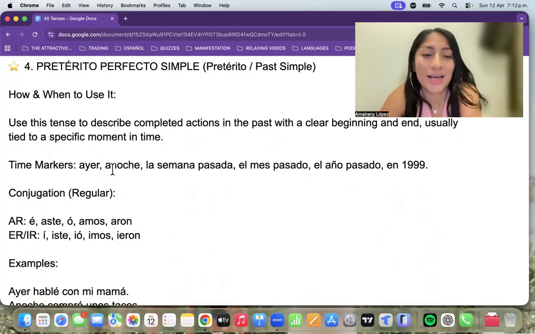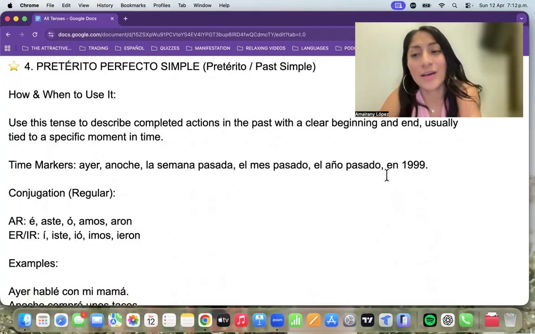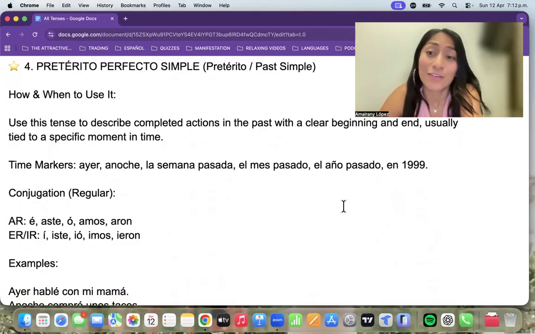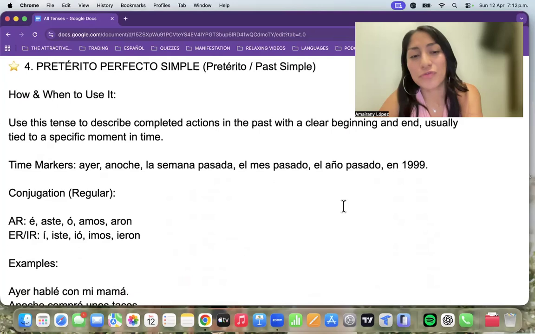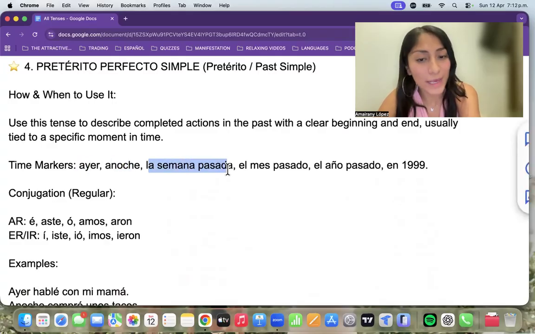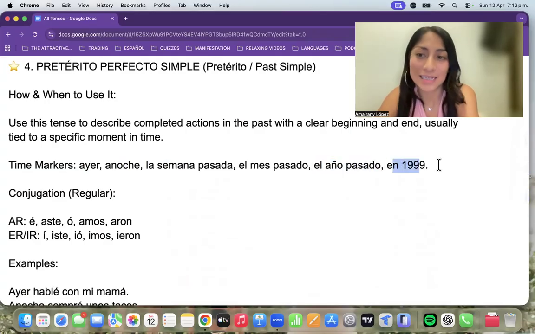Time markers: ayer, anoche, la semana pasada, el mes pasado, el año pasado, en 1999, en 1988, en 2001, en 2003. Okay? So the time markers are, like I said, the cues for us to know when to use what tense. So yesterday, last night, last week, last month, last year, and in 1999.